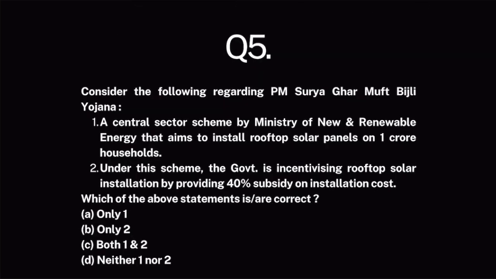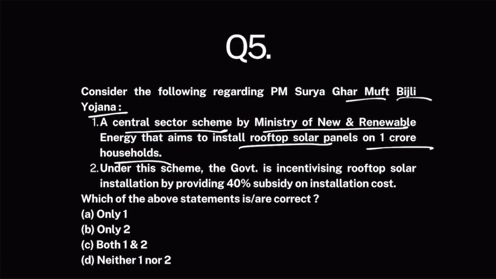And last, consider the following regarding PM Surya Ghar Muft Bijli Yojana. It is a central sector scheme by Ministry of New and Renewable Energy that aims to install rooftop solar panels on 1 crore households. Under this scheme, the government is incentivizing rooftop solar installations by providing 40% subsidy on installation cost.